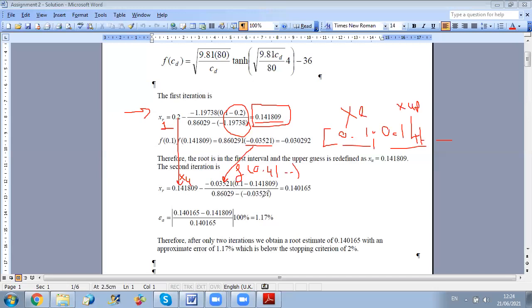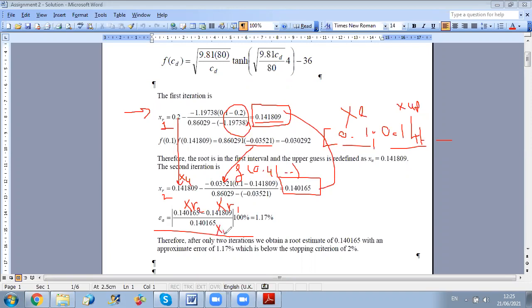So we just replace the expression of f at 0.1 and f at 0.141, and then we get the second estimate of the root. Now we have two estimates from two consecutive iterations. To know the relative approximate error, we compute the absolute value of xr at state 2 minus xr at state 1 over xr at state 2.